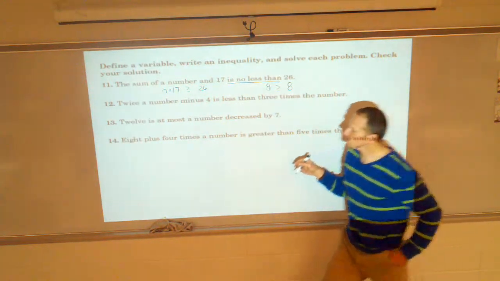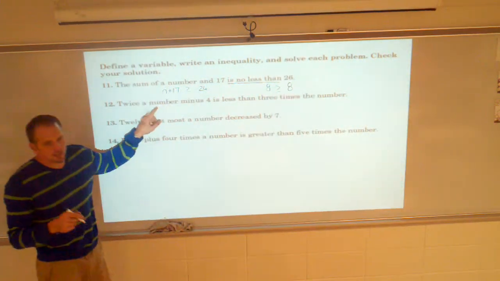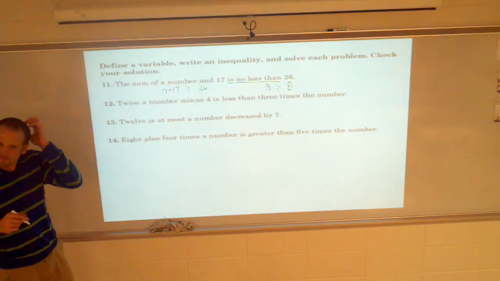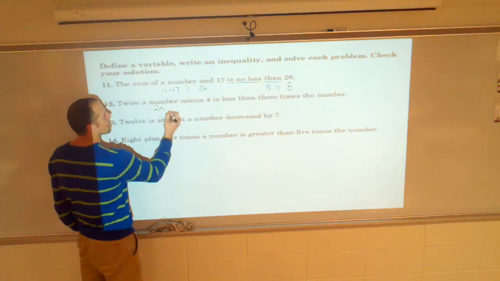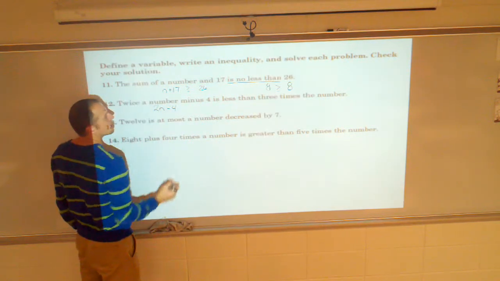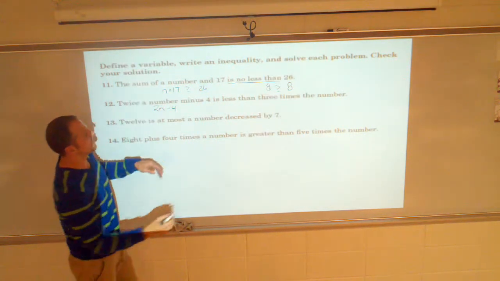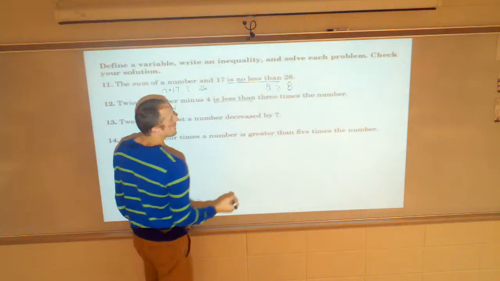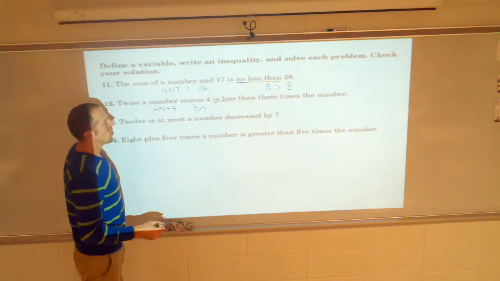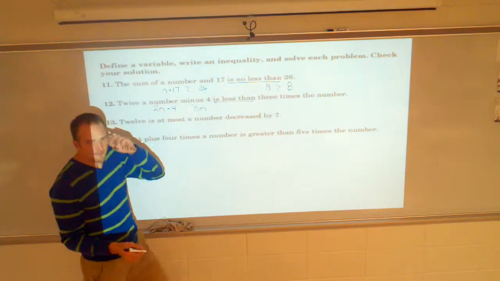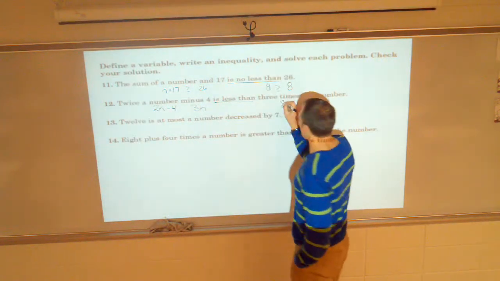Number 2. Write this down. Twice a number minus 4 is less than, that's our sign, 3 times the number, 3n. Okay? Now, I'm going to go back. I'm going to use my favorite number again. Favorite number is 8.